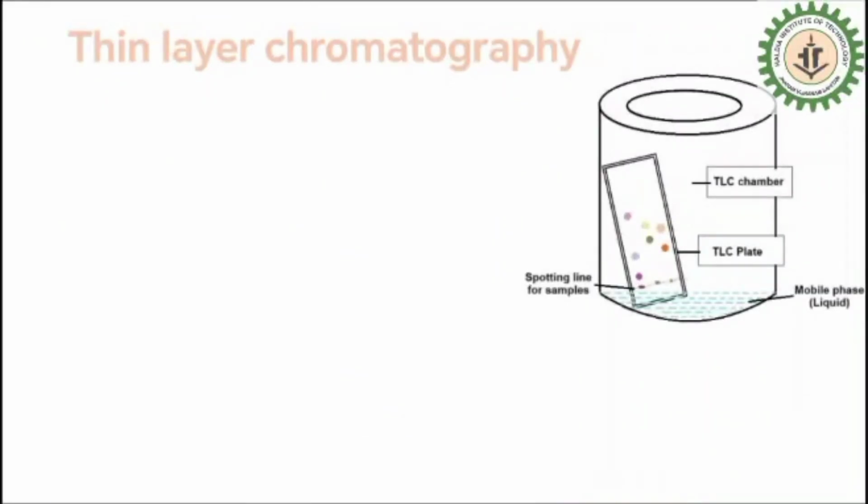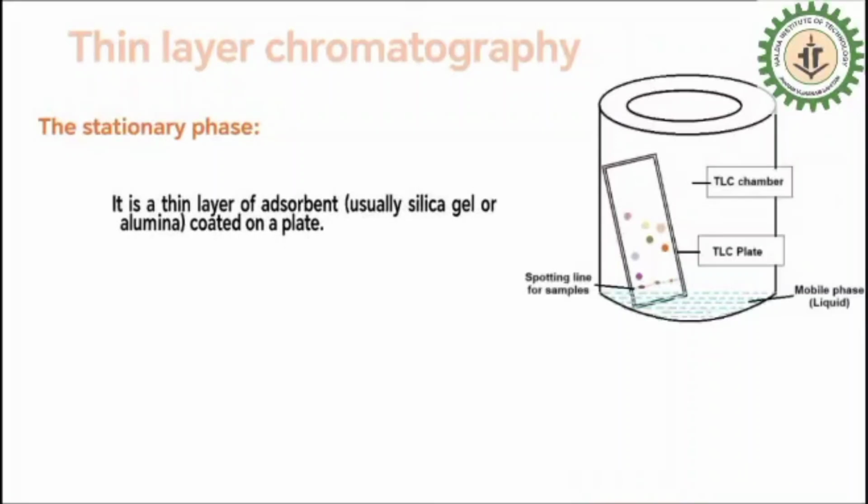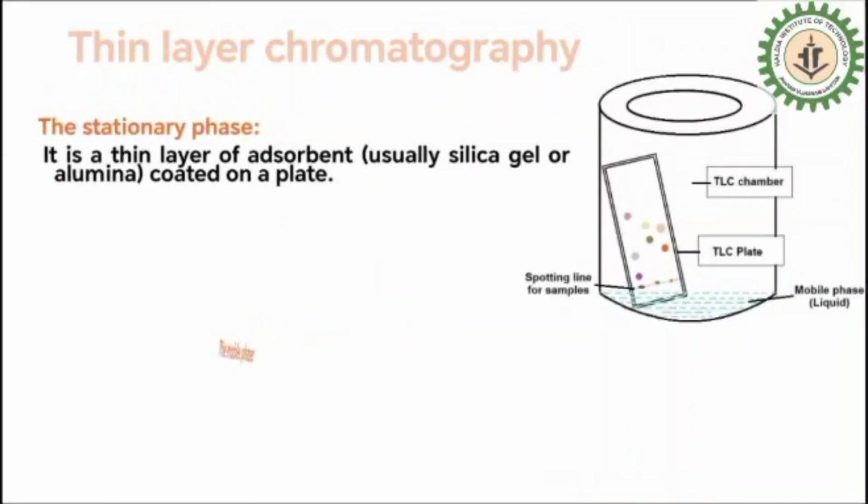Thin layer chromatography. As I have told, a thin layer of chemicals are supported on glass plate. Here in the image you can see that the TLC plate is put inside a chamber which is called the TLC chamber. The mobile phase is a liquid here.